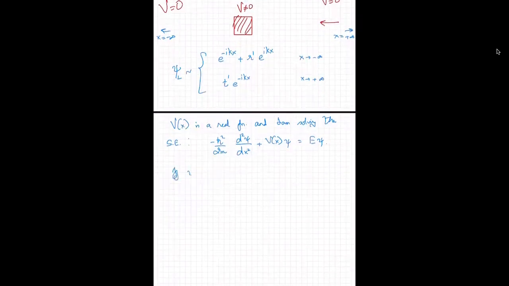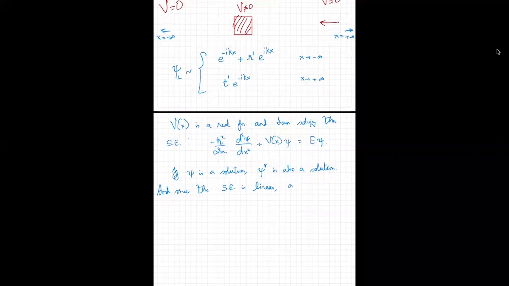So if psi is a solution, psi star is also a solution, and since the Schrodinger equation is linear, a linear combination of psi and psi star is also a solution.